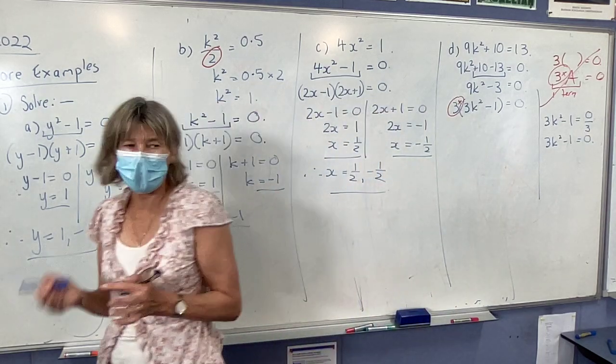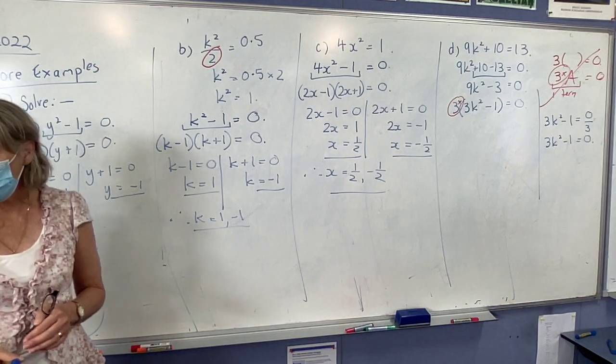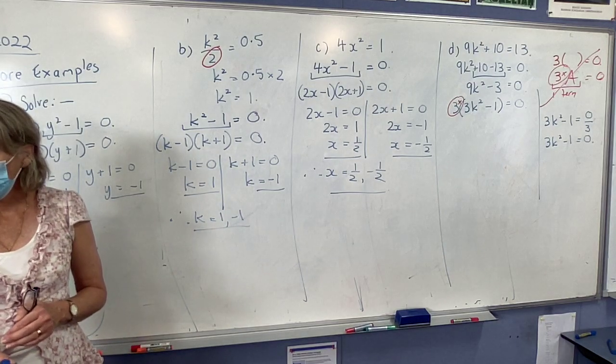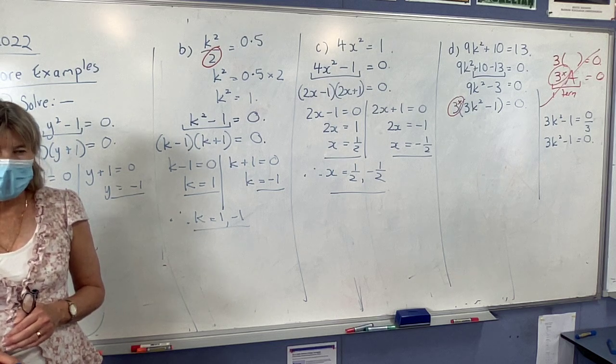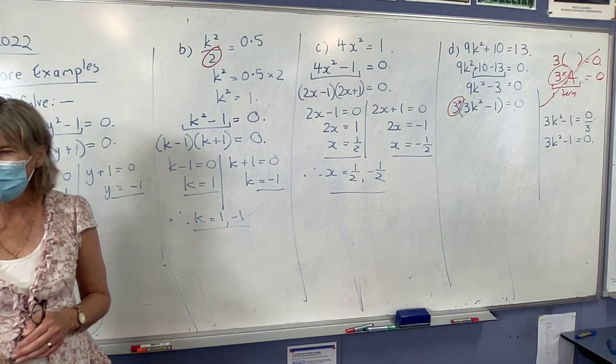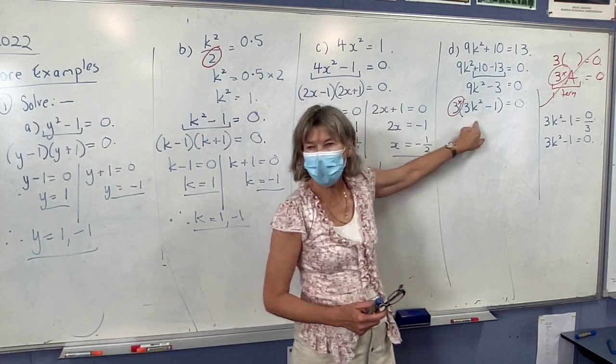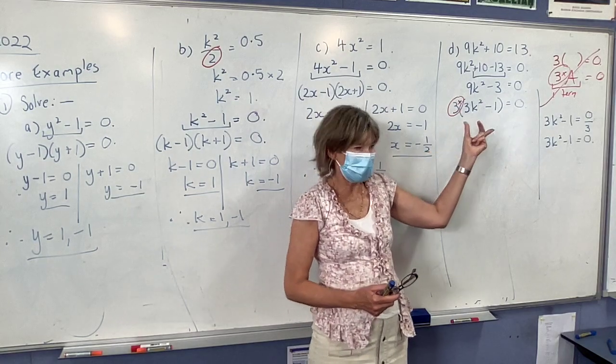Now, when we look at that bracket, can we factorise that any further? Hands up. Who thinks we can? Who thinks we can't? Yeah, we can't. Because if you're looking inside that bracket, there's 2 terms inside it.